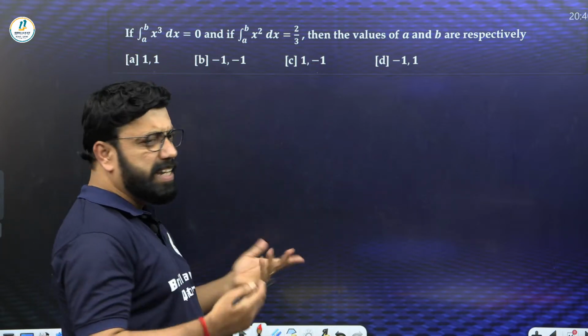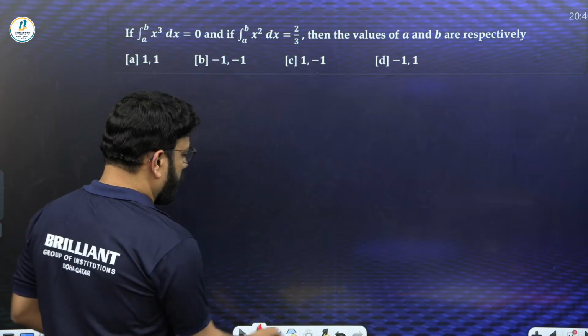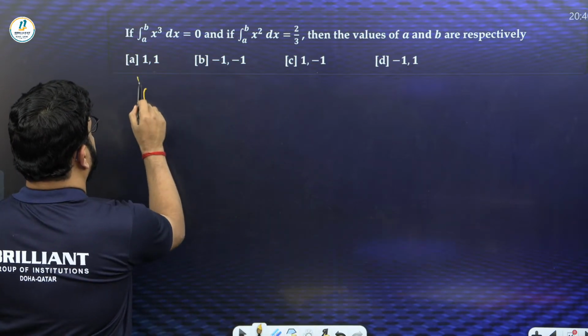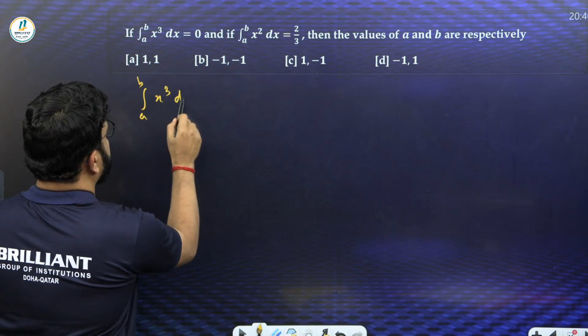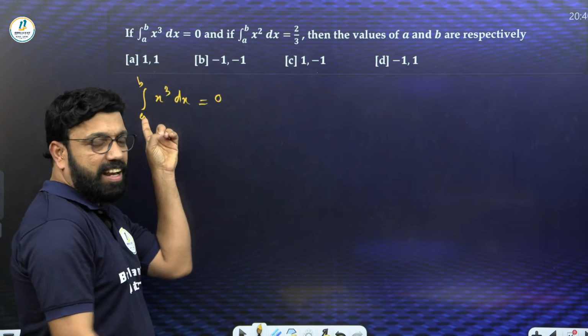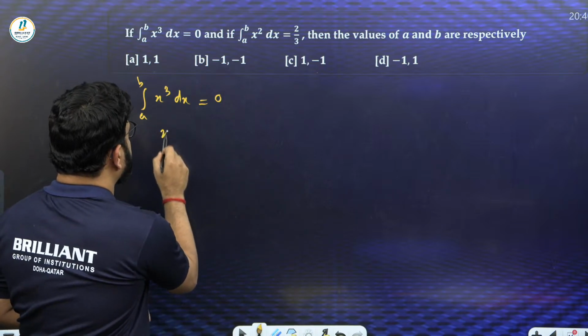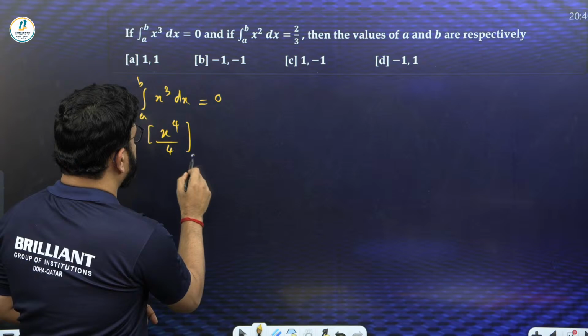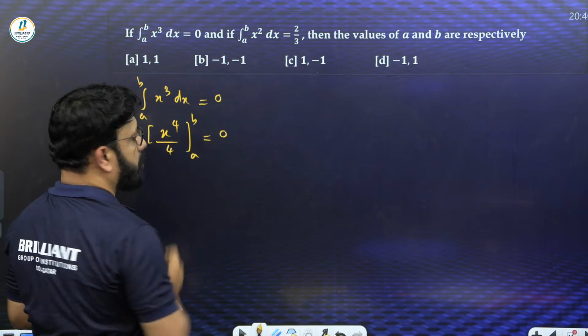The integral a to b of x cube dx, normally we can do it. It is given as 0. The integration of x cube is x raised to 4 by 4 with limits a to b equal to 0.